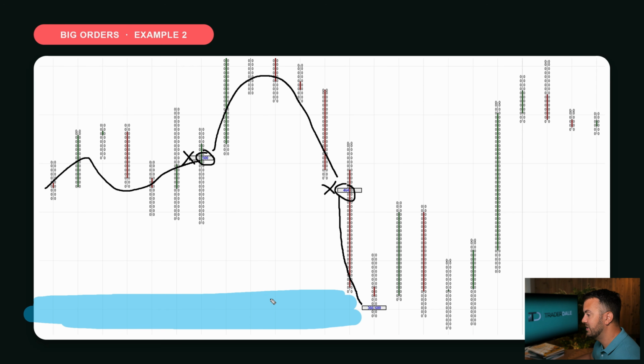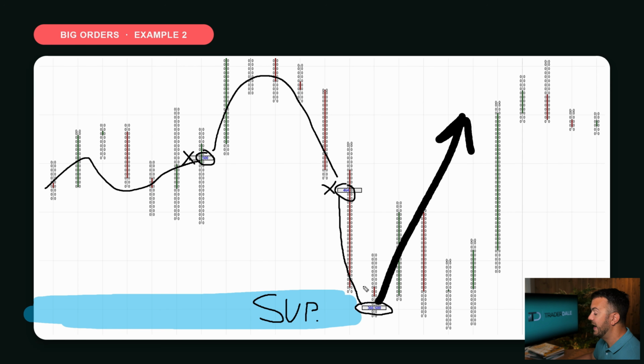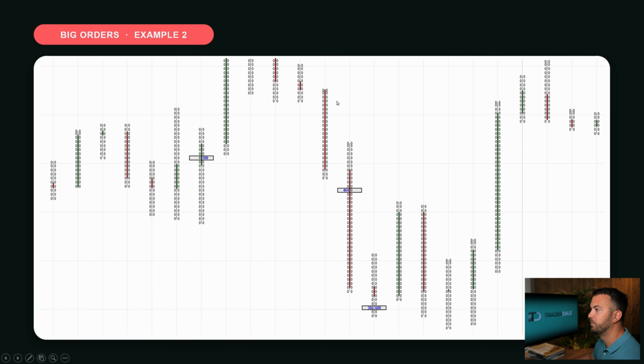But when the price reaches our support zone and big orders appear here, that's interesting, right? That's when you pull the trigger. And again, it doesn't matter if it's bid or ask. In this case, it's both, but it could be just one to enter your trade. Okay, because somebody big just entered at the support. So follow him, follow that big guy.